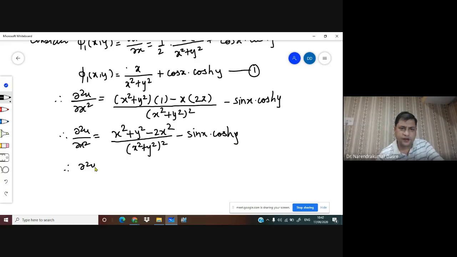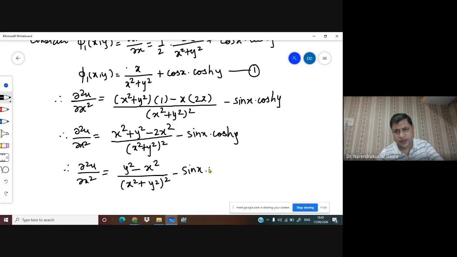So we get del square u by del x square is equal to y square minus x square upon x square plus y square whole square minus sine x cos hyperbolic y.